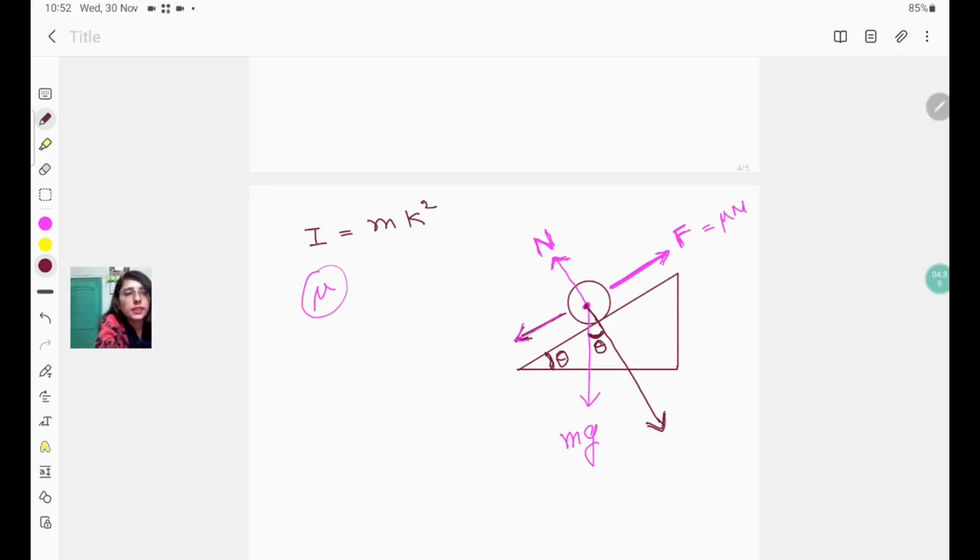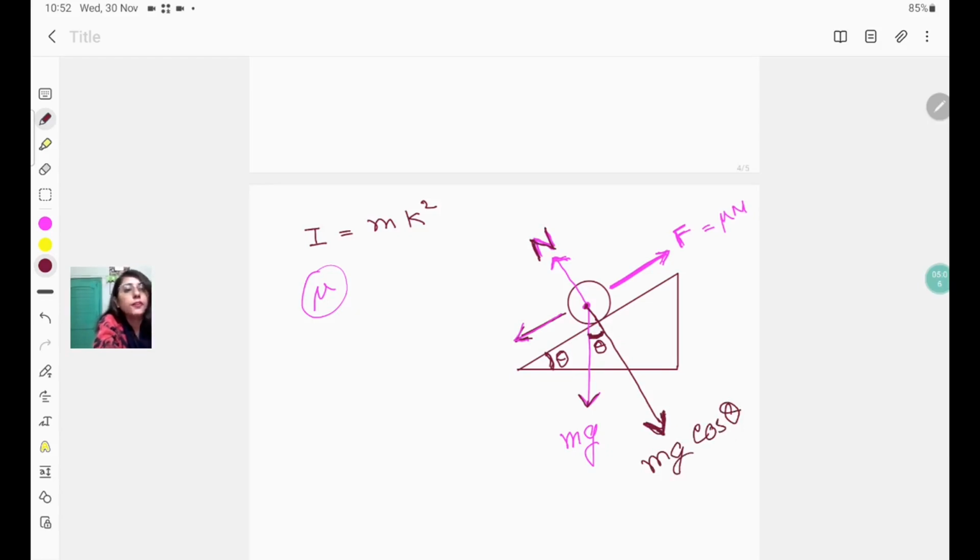So, if mg is acting along this direction, then the component of mg which will just make equilibrium with this normal reaction will be this one, acting along this direction, mg into cos of this angle, that is mg cos theta.